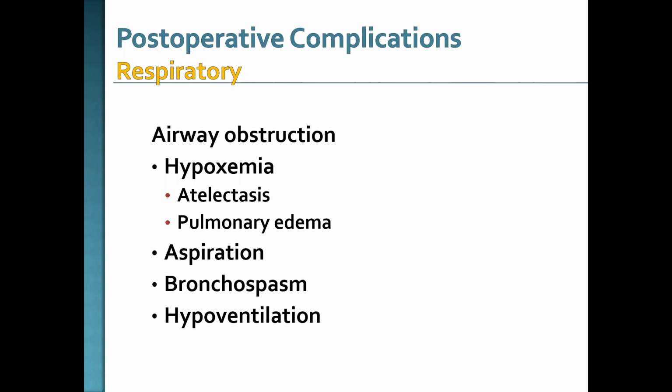Hypoventilation is a decreased respiratory rate or effort and increased arterial carbon dioxide levels. This may occur as a result of depression of the central respiratory drive secondary to anesthesia and or use of opioids.